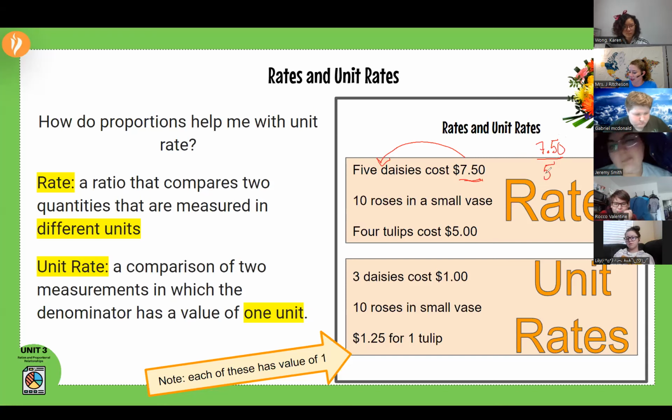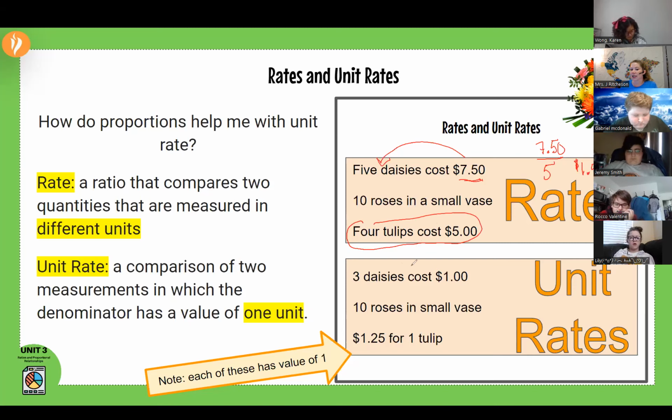So in your calculator, you're going to type 7.5 divided by 5, and that tells you that the unit price for one is $1.50. So the unit price always means for one. So $1.50 per daisy. Per means for one. Okie dokie.